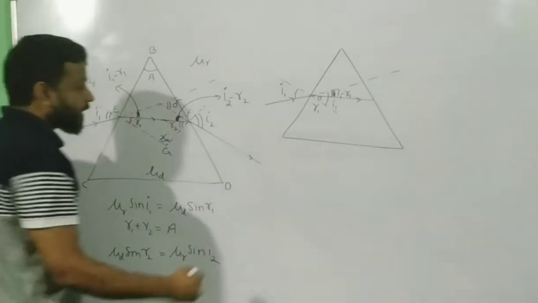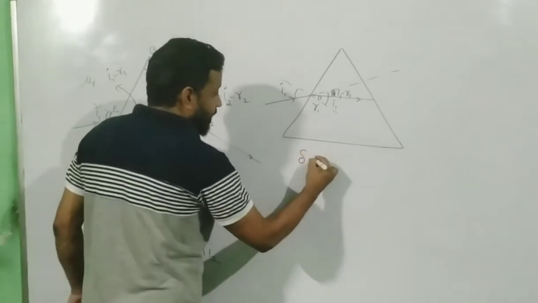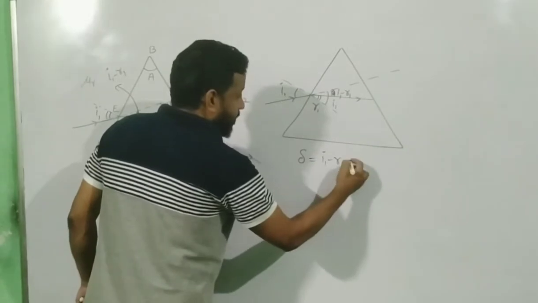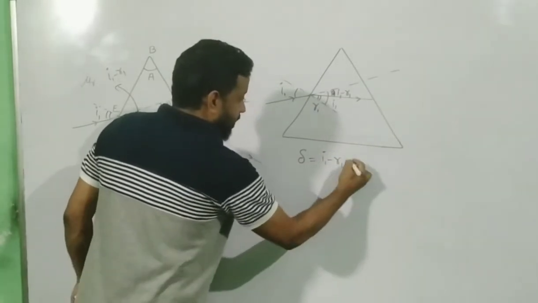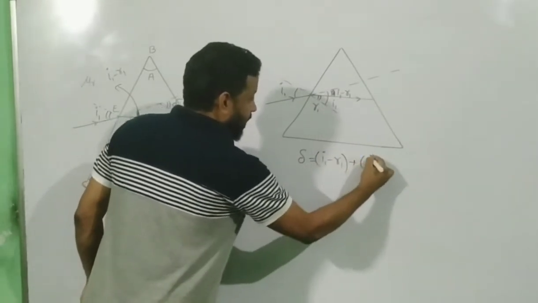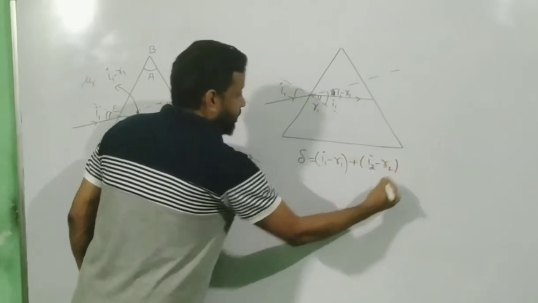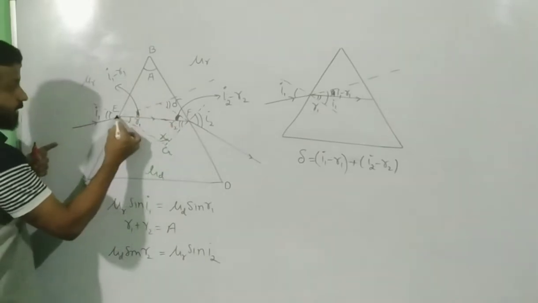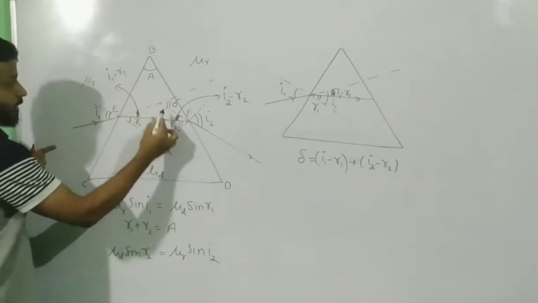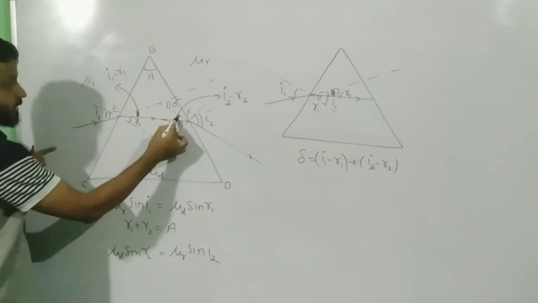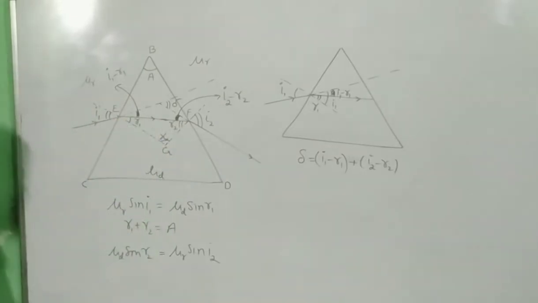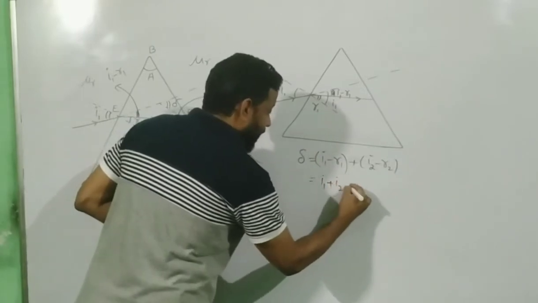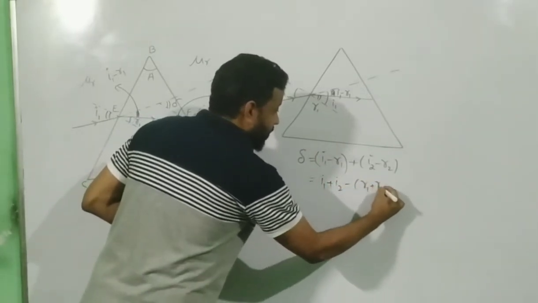If I apply the exterior angle theorem, I can say that del is equal to I1 minus R1 plus I2 minus R2 in this triangle. Del equals this plus this, and this will give me I1 plus I2 minus of R1 plus R2.